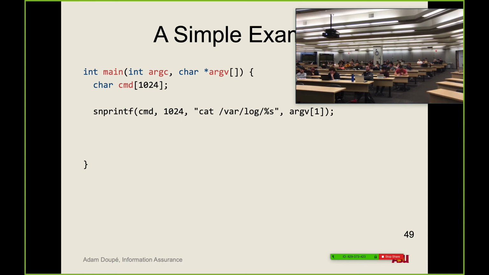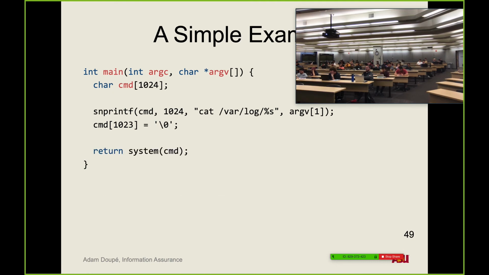What does the developer want to have happen here? To cat a log file that's given from argv1. This could be a program to output log files, and it's specifically only supposed to output log files that are in /var/log.